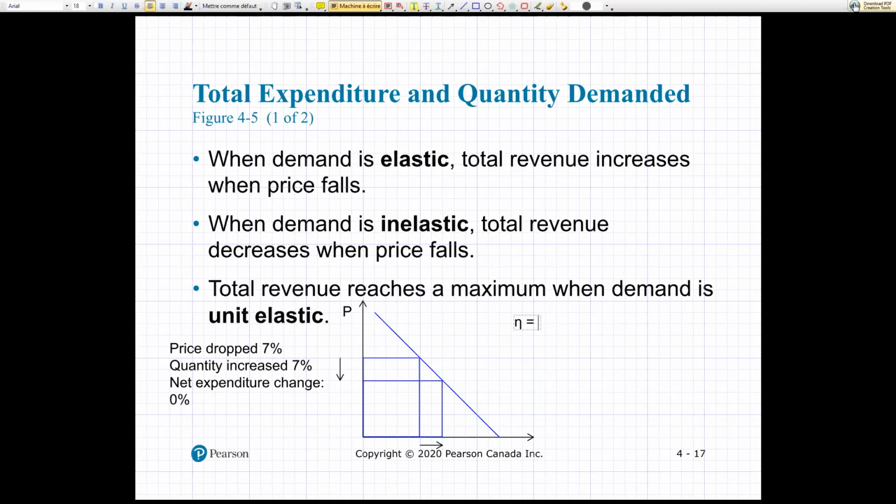It is delta Q over Q divided by delta P over P. So if this is plus 7%, and this is minus 7%, then the elasticity is exactly -1.